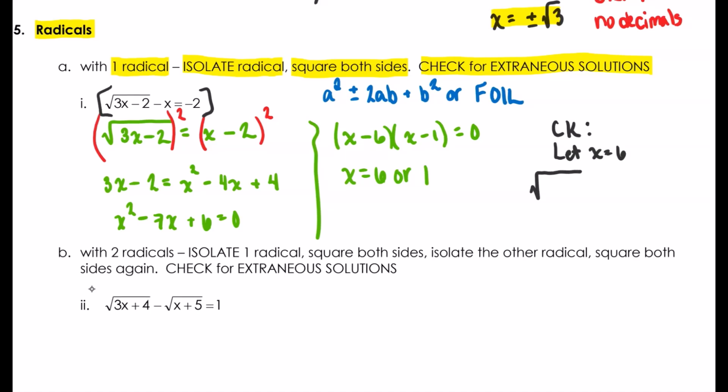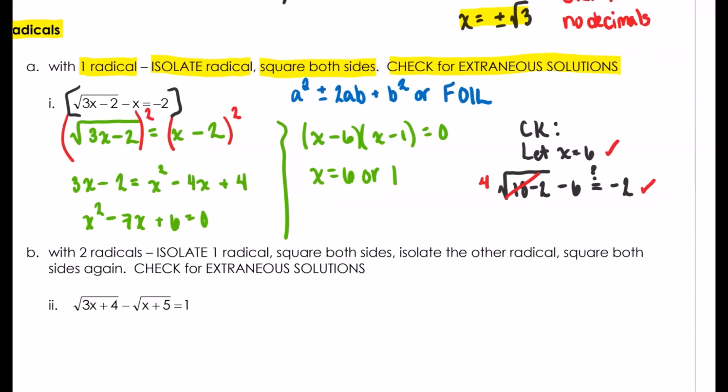So I've got the square root of 18 minus 2, minus 6. Is that going to equal negative 2? So 18 minus 6, of course, is 16. That's going to simplify to 4. And then 4 take away 6 is negative 2. And yes, so 6 does check.